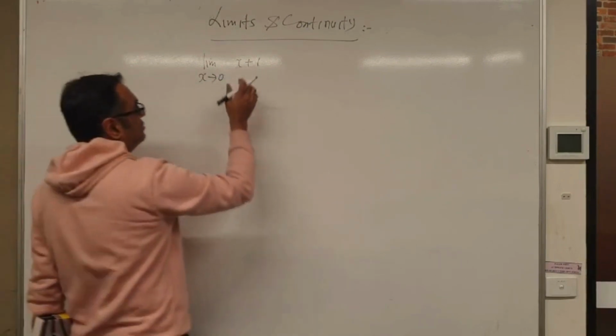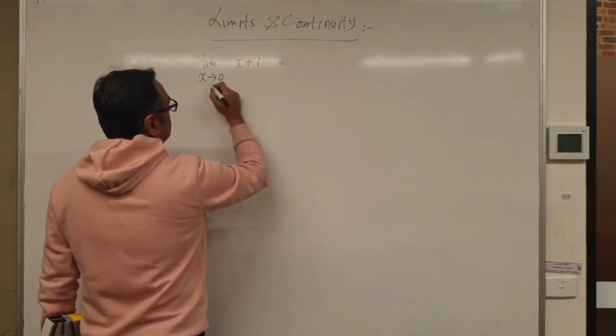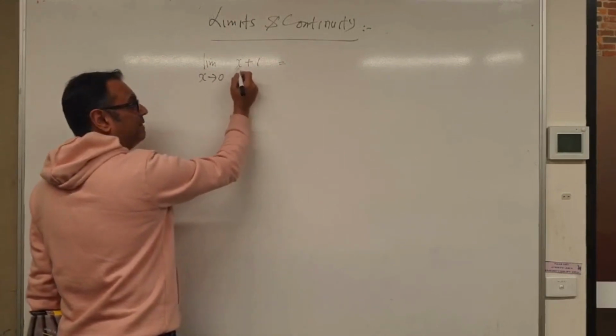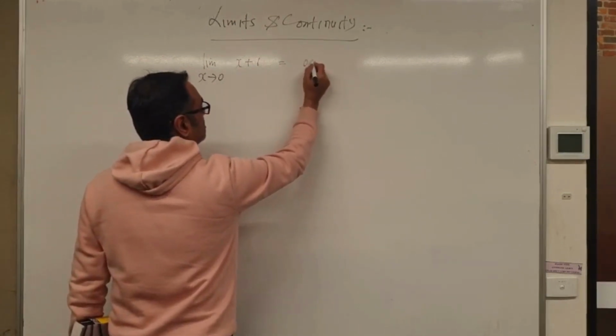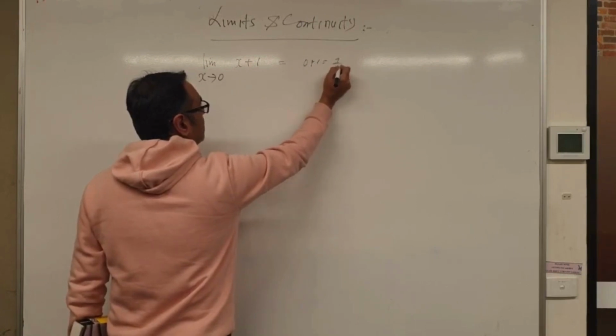This function is f of x, obviously. So you just blindly plug in x equals 0, and you say 0 plus 1 equals 1.